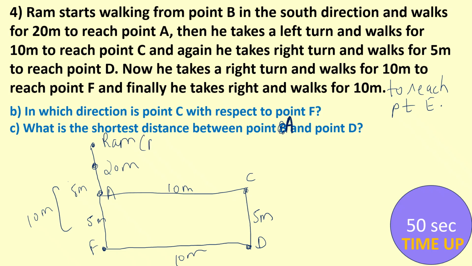Okay, students, time up. So the first question they have asked is, in which direction is point C with respect to point F? So you have to draw the map at F and look at C. So here is C. So which is this direction?